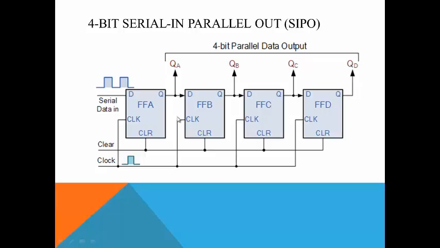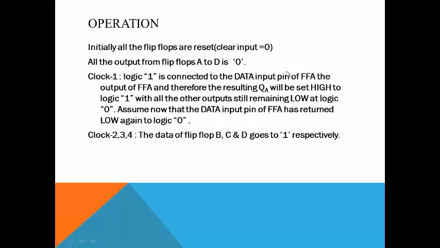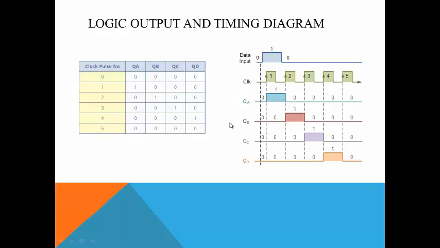So after 4 clock cycles I have 1 0 0 1 here, and now in the 5th clock cycle, in 1 clock, I can take all the 4 bits out. This is called serial in parallel out mode. So the operation is explained here.